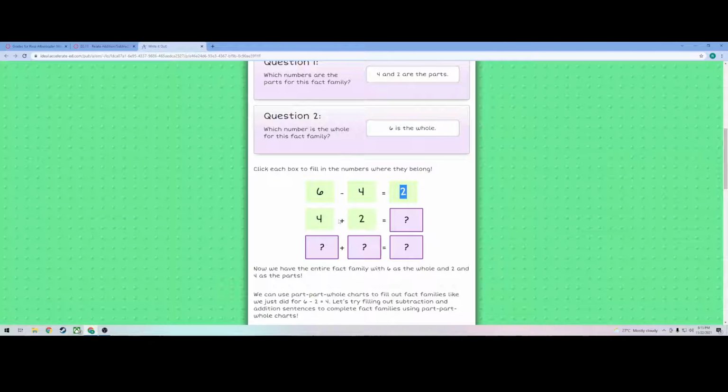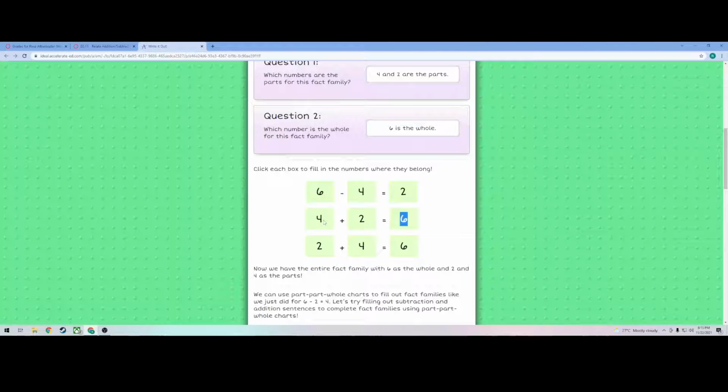I can write it 4 plus 2 equals what? 6. Or I can write it 2 plus 4 equals 6. So all these 3 problems, 2 addition and 1 subtraction, are part of the same fact that 6 equals 2 parts, 2 and 4.